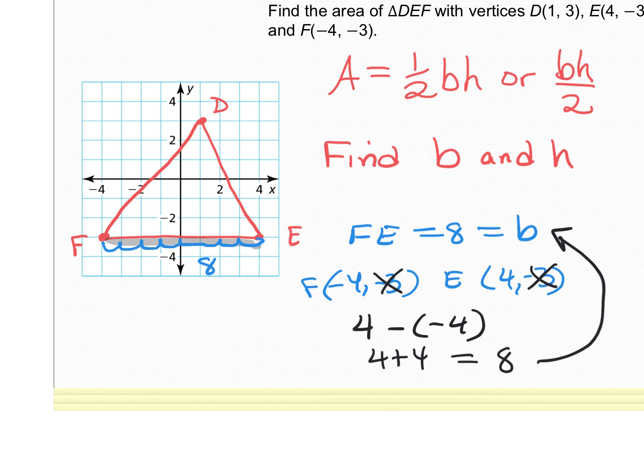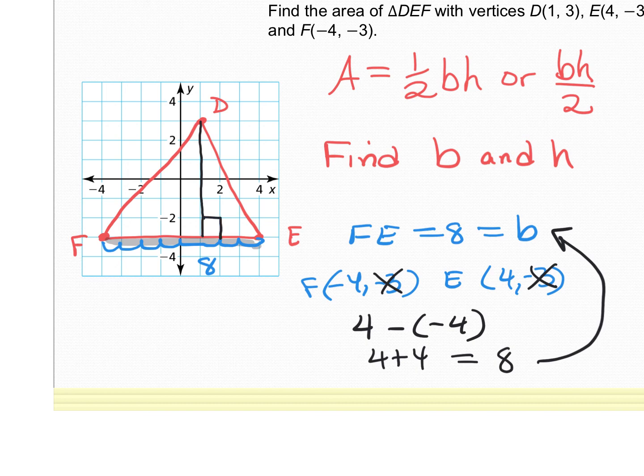Now we have to find the height. The height of any polygon that we're going to find the area of must always be next to a right angle. Notice this is not a right triangle. So to find the height, what I'm going to do is take that highest point D, and I'm going to draw my line straight down, because you're going to learn coming up that whenever you have a vertical line and a horizontal line, where they meet is always going to form a right angle.